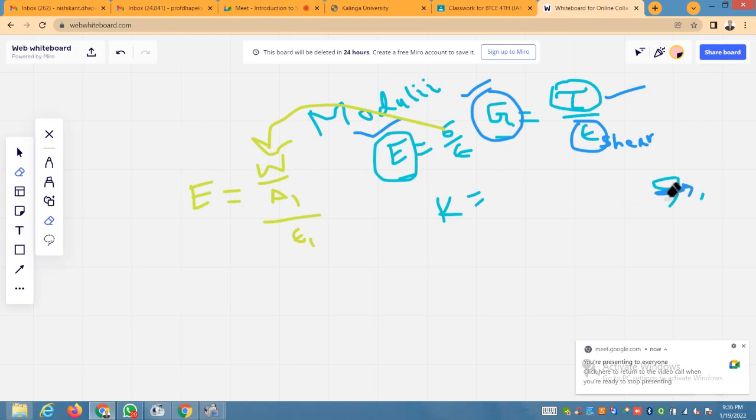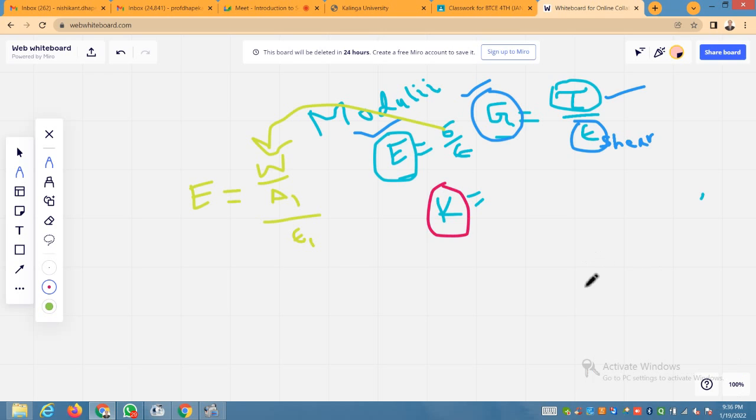Now, one more modulus is there, that is the bulk modulus of elasticity. The word bulk itself tells you that it is associated with volume. A most important question in most vivas and interviews is: what are the moduli?